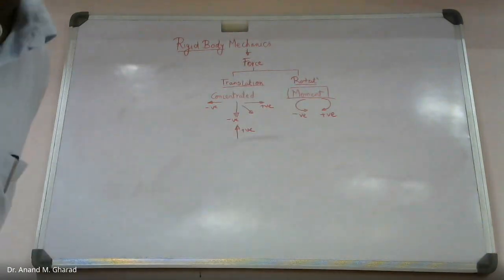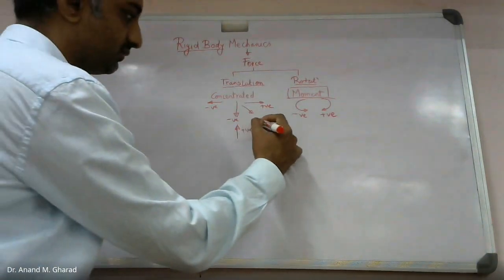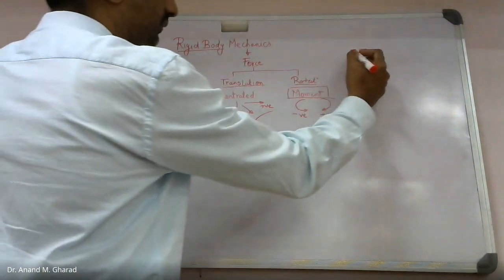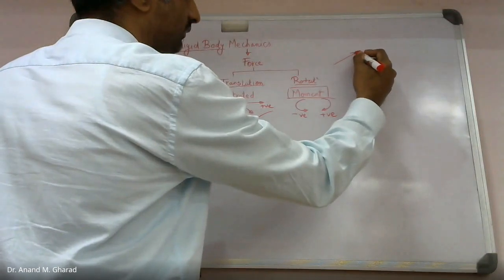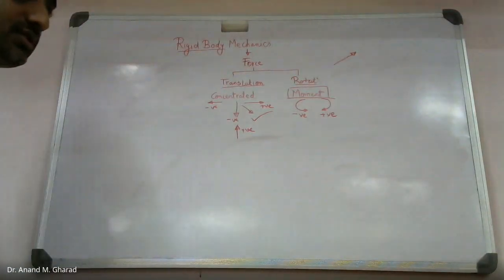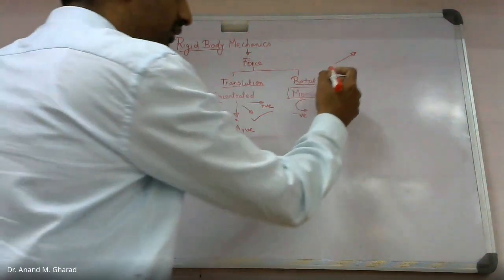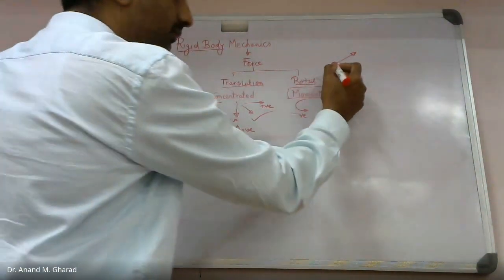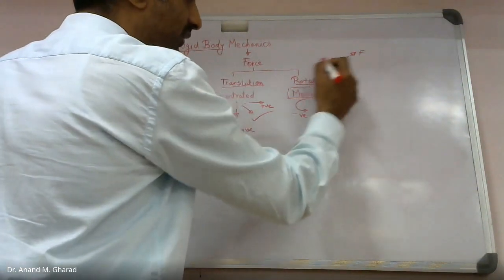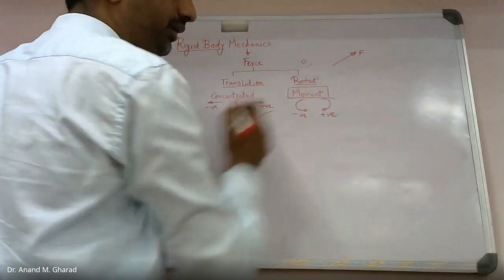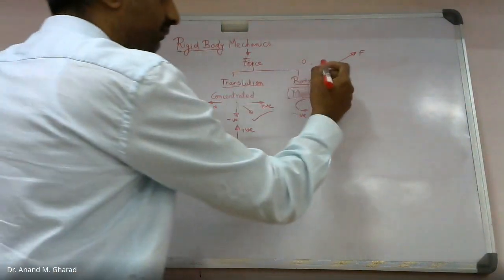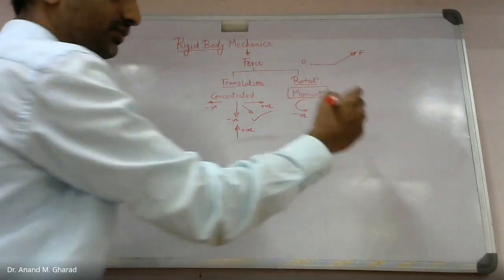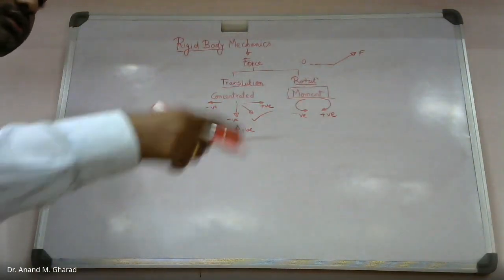Now, forces, as I have already discussed, may act randomly. In the case of a concentrated force like this, which is inclined in nature, we saw that if we want to take moment about any point by virtue of this force, let's say F, about this random point O, we calculate the distance which is responsible for causing the moment.